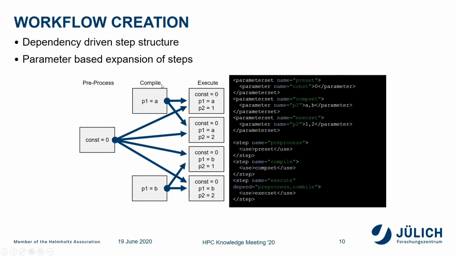And because we have 2 compile combinations, with p1 equals a and p1 equals b, we need at least 2 execute steps. But we also introduce a new parameter now by using the execute set in this execute step, which means finally we end up with 4 combinations with p1 equals a and p2 equals 1 and so on.